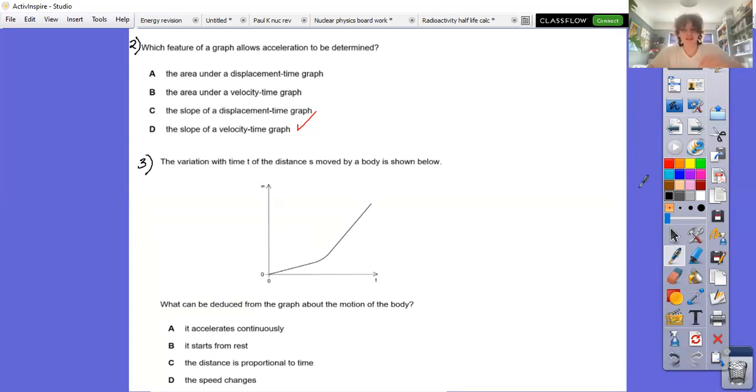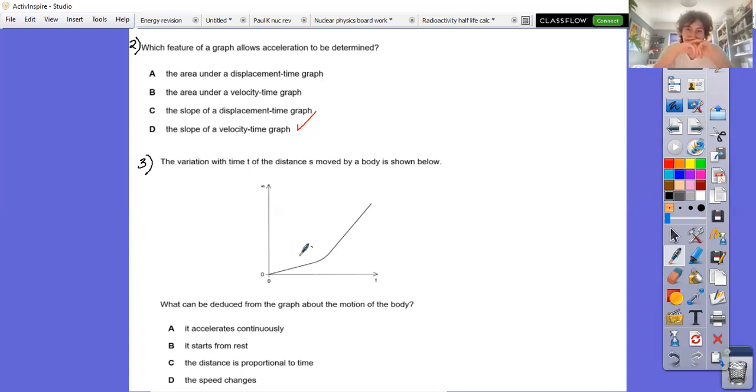I think it's either B or D. Have a little think and weigh the options between B and D. It says about the motion, which I guess isn't. Oh, the speed does change. Yeah, the speed does change. Is it D? So the speed changes.